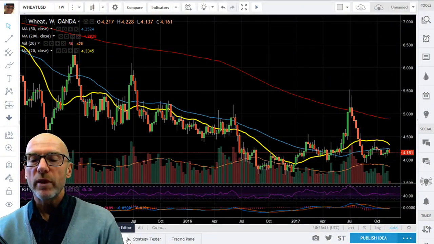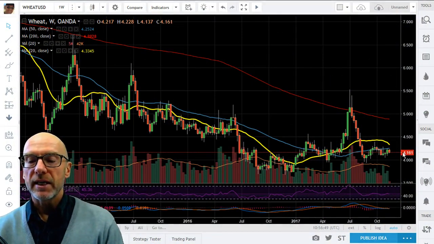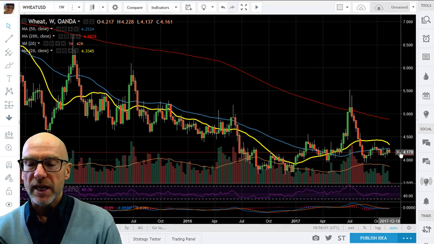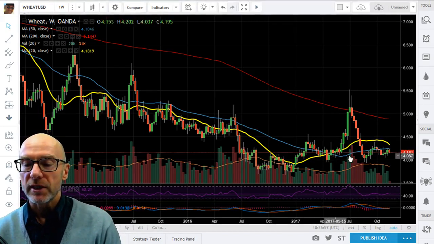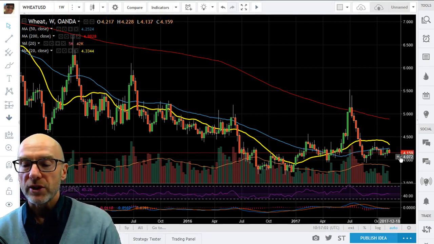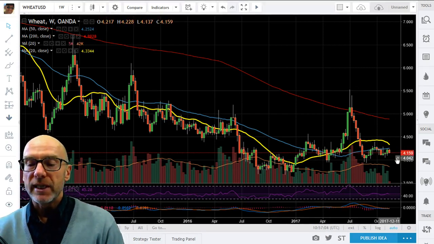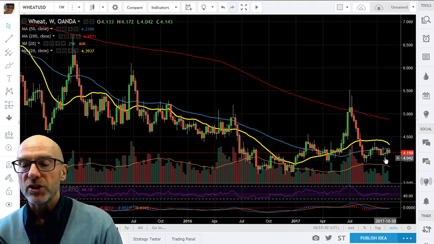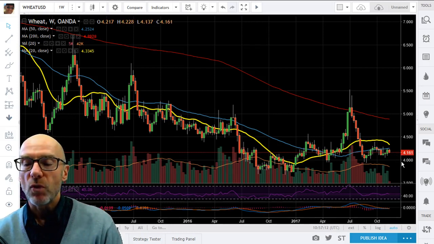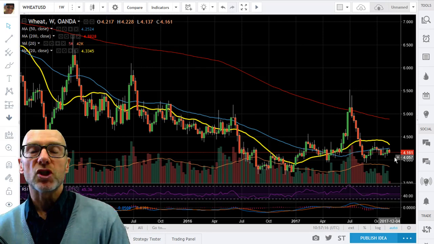So starting with the weekly, and as I pointed out in the introduction, there's a potential head and shoulder formation, and really you don't need to be a rocket scientist to see it. Left shoulder, head, right shoulder. And really it'll take a fall below the low of the week of 30th of October, which is about 4.04 for that to confirm the head and shoulder formation.